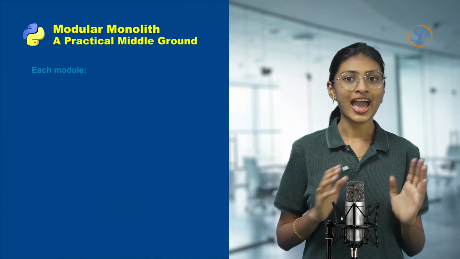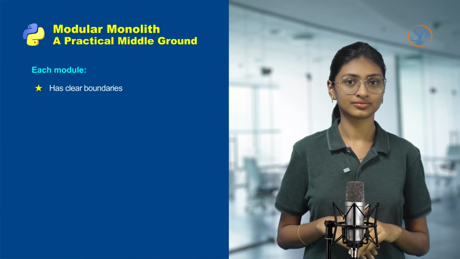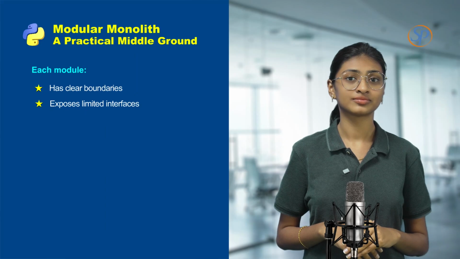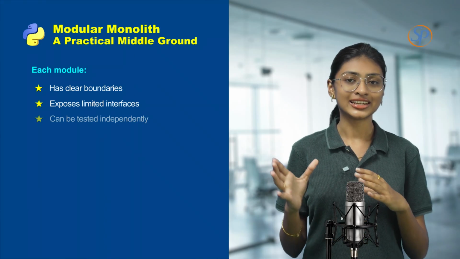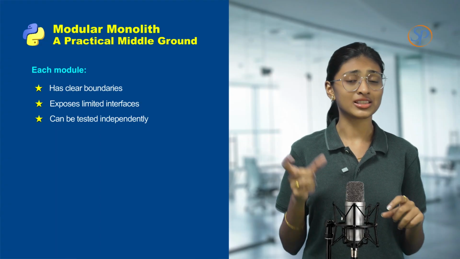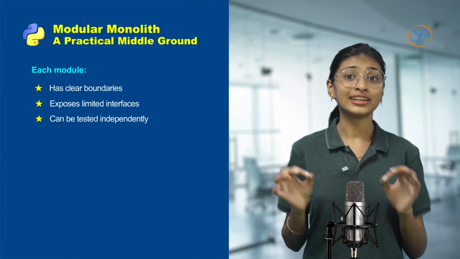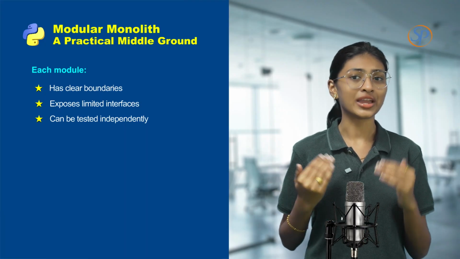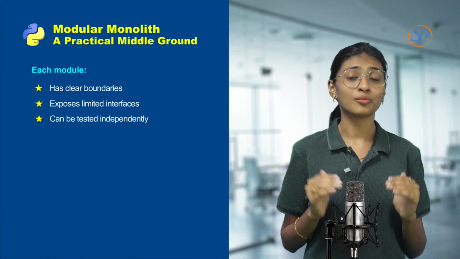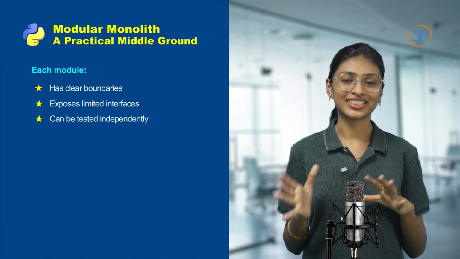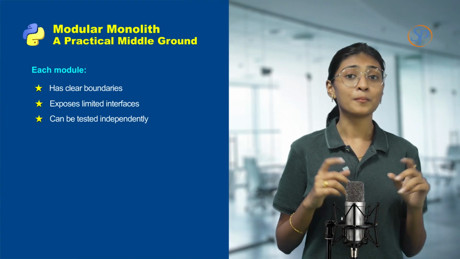Each module has clear boundaries, exposes limited interfaces, and can be tested independently. This approach keeps deployment simple, avoids network overhead, and is easier to debug. For many systems, modular monoliths scale better than microservices.